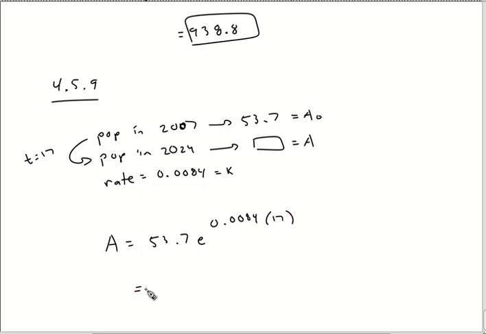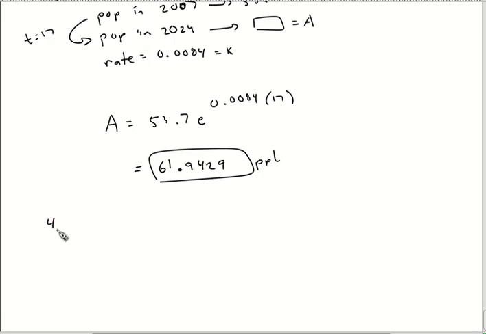To find it out, you just plug it all in and get an answer, definitely using a scientific calculator for all of this. And there we go, population in millions, something like that. Whatever they say.